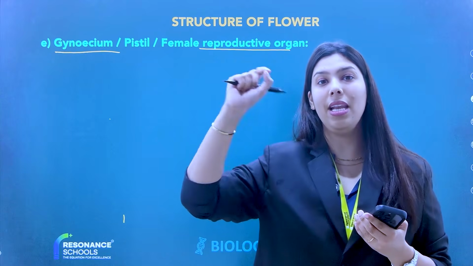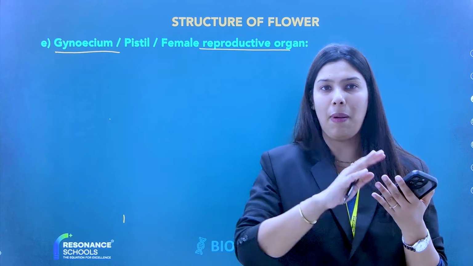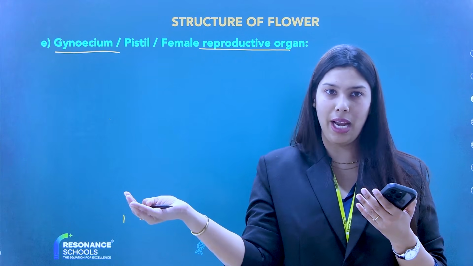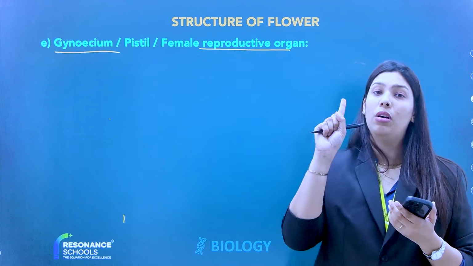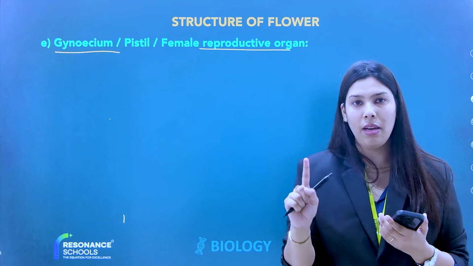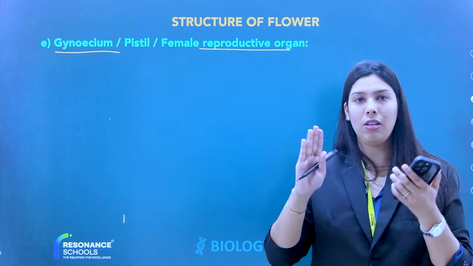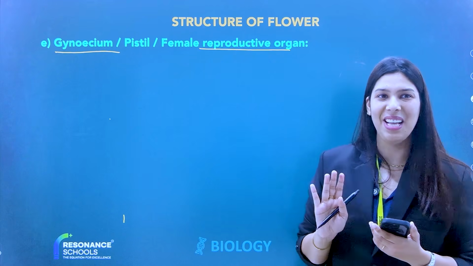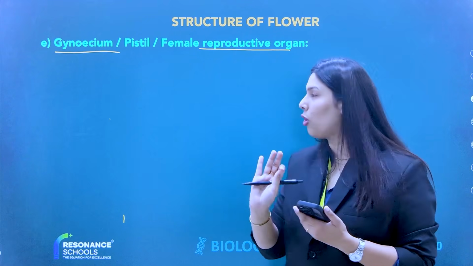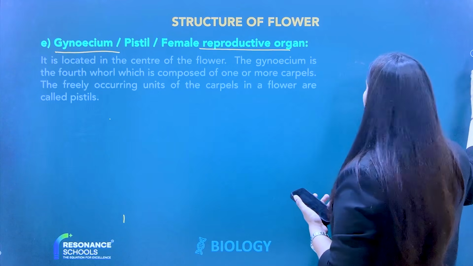Then also the pollen grain needs to travel. They have to leave the anther and go to the carpel portion for the fertilization. So pollination can be done within one flower, or between flowers of the same plant, or another flower. We will read about that in the next class. By that time, just hold your curiosity.